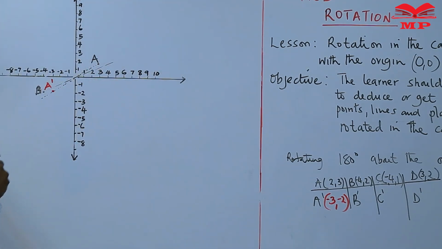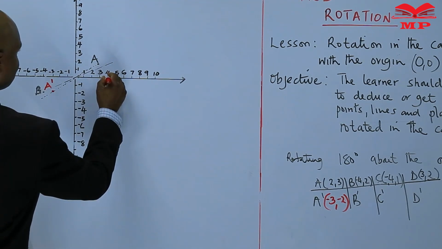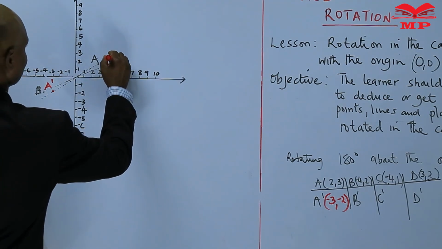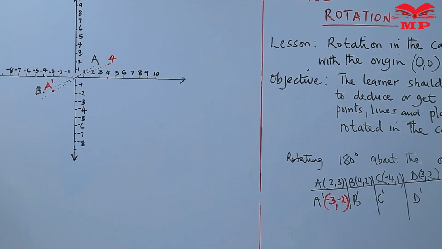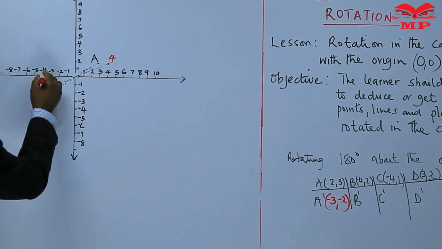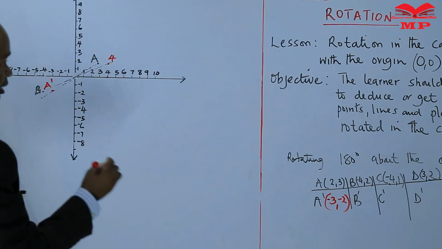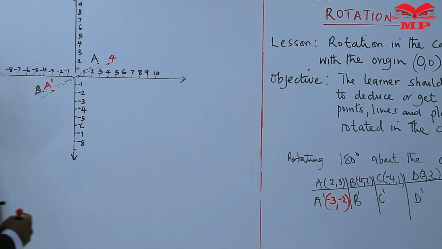Using the same idea, it was negative 4, 2, it will now be 4, negative 2.